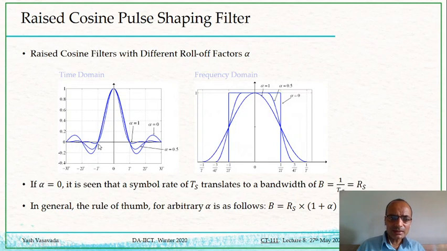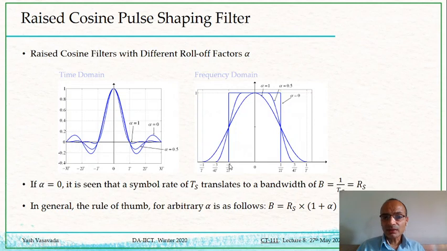You can see that the raised cosine filters are parameterized by a parameter called alpha, and when alpha is equal to 0, the raised cosine filter has a frequency occupancy which is exactly rectangular.